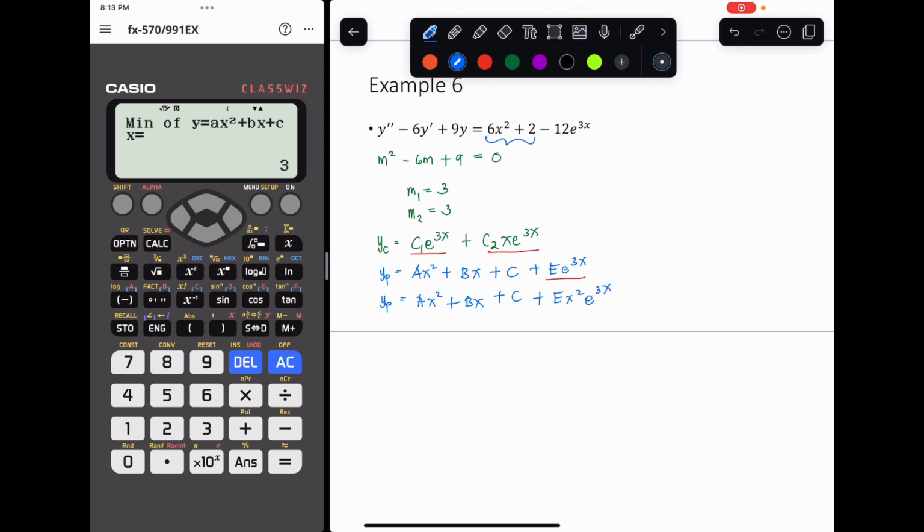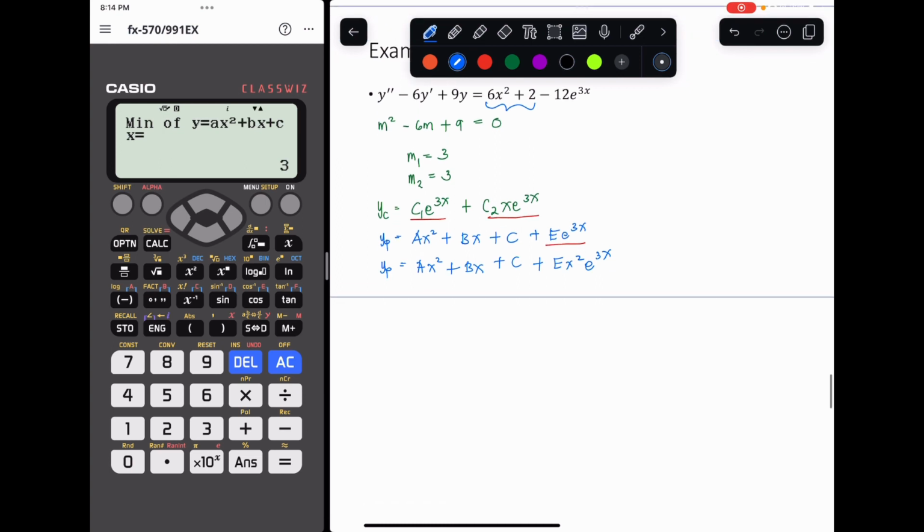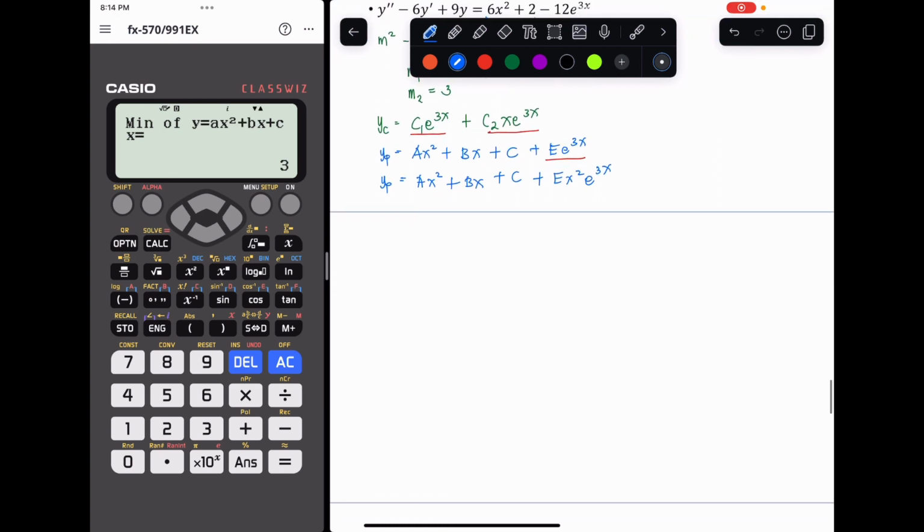This is the only difference between case 1 and case 2; the process will just be the same. So we find the derivatives. yp prime will be 2ax plus b, and the derivative of c is 0.